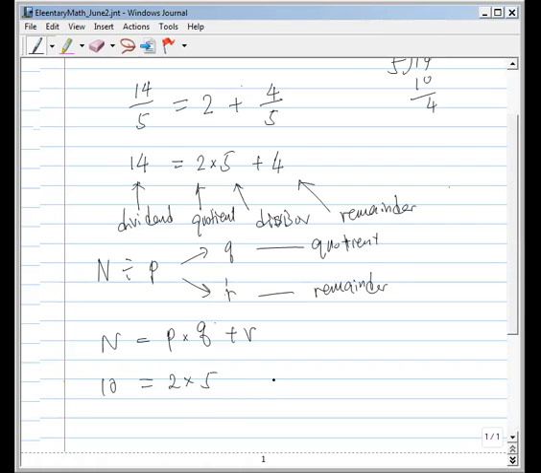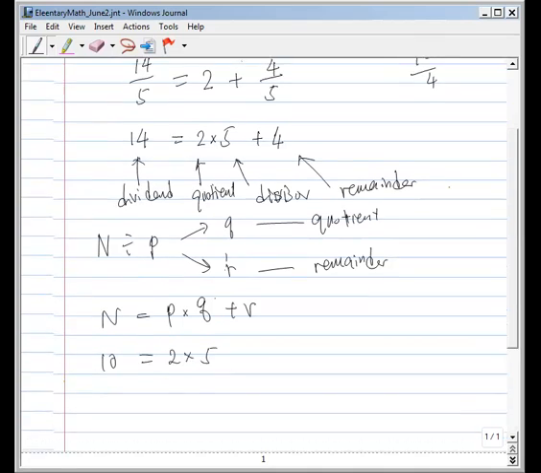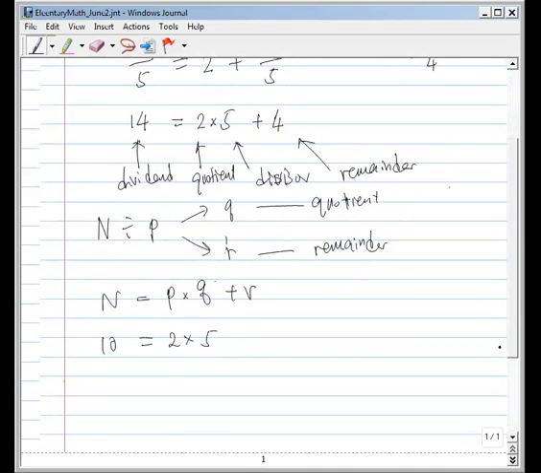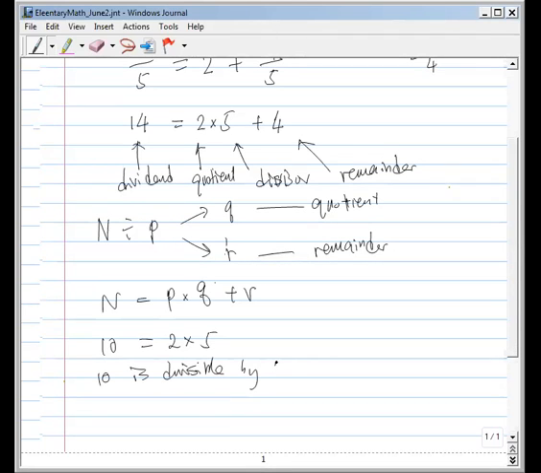Then we say that 10 is divisible by 5, but you can also say that 10 is divisible by 2, because 2 can also be viewed as a divisor. The order doesn't matter here. So we say that 10 is divisible by 2 or by 5.